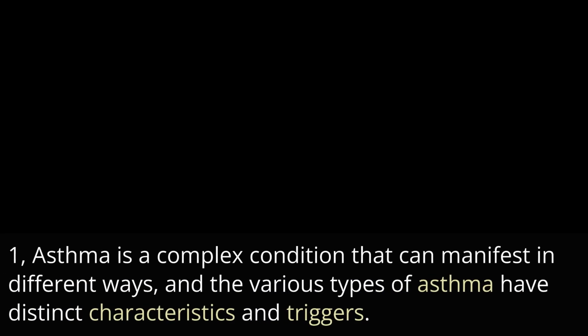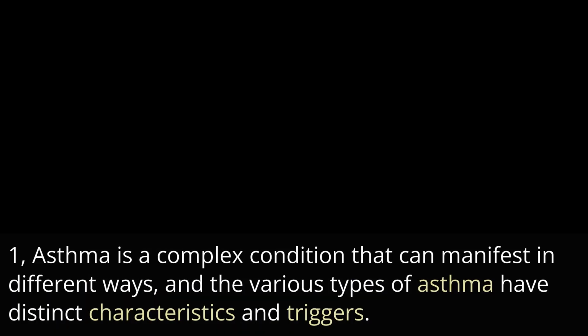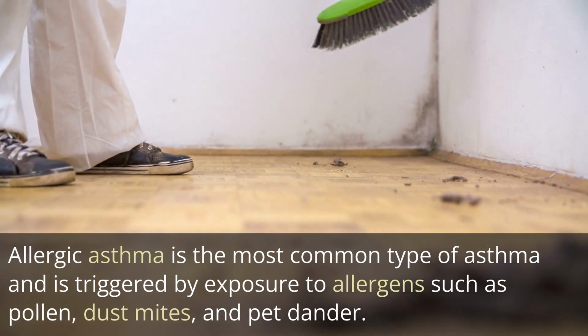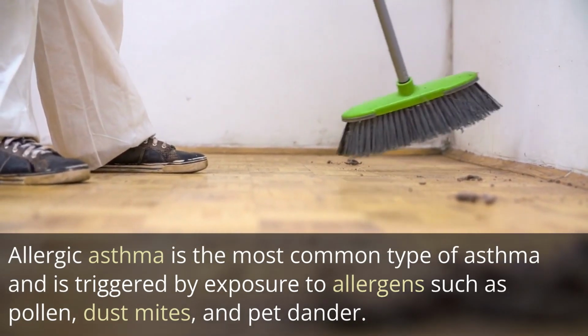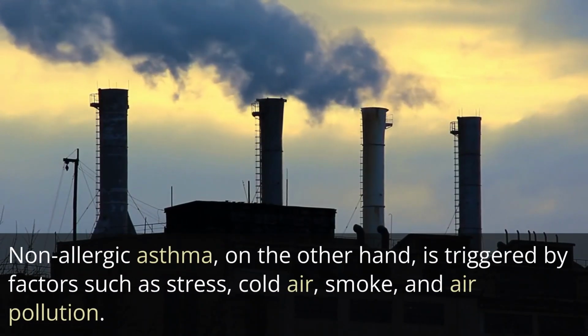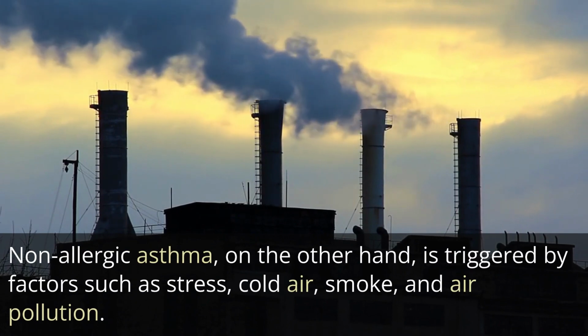1. Asthma is a complex condition that can manifest in different ways, and the various types of asthma have distinct characteristics and triggers. Allergic asthma is the most common type of asthma and is triggered by exposure to allergens such as pollen, dust mites, and pet dander. Non-allergic asthma, on the other hand, is triggered by factors such as stress, cold air, smoke, and air pollution.